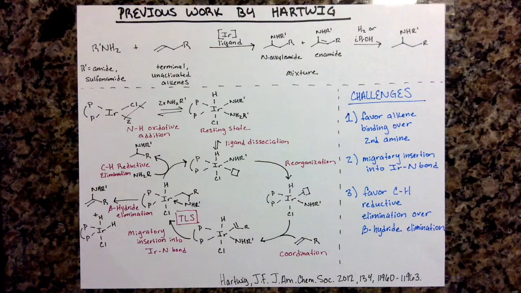And so being able to overcome this last challenge that Matt had mentioned of this competing beta hydride elimination versus CH reductive elimination was overcome by doing a hydrogenation at the end of the reaction. So you only form this N-alkyl product. But if you're going to do an enantioselective transformation, any beta hydride elimination would erode the EE that you would get out of this transformation.